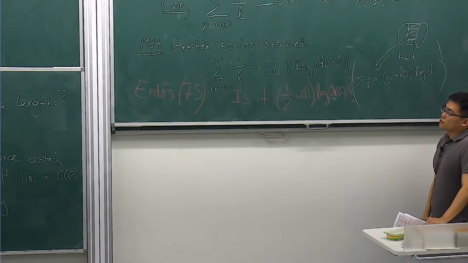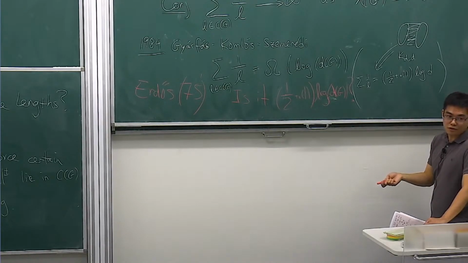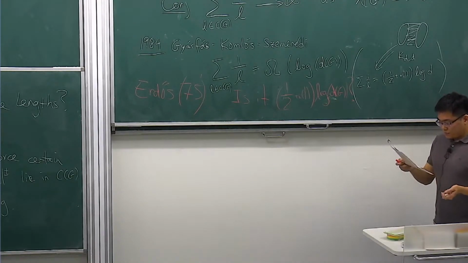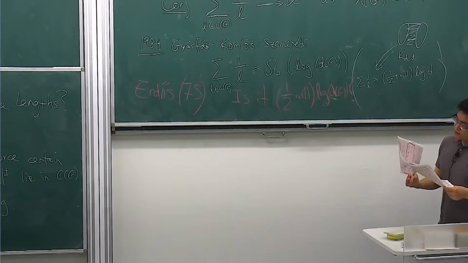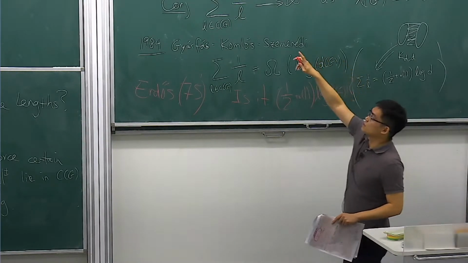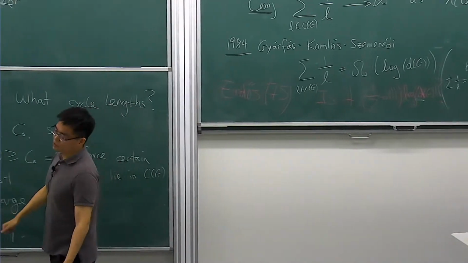I want to point out a local obstruction: if we are only given the average degree rather than the chromatic number, we cannot force any odd integer as a cycle length, because the graph could be bipartite with arbitrarily large density. That brings us another question, the question in the title of the talk, raised by Erdős and Hajnal.